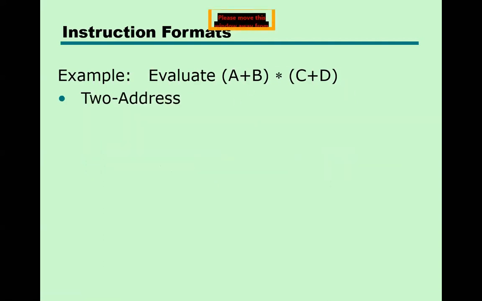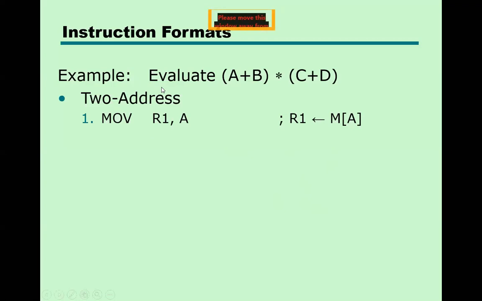Suppose, instead of 3 addresses, there are only 2 addresses. How can we evaluate this equation? So 2 addresses are there. Temporarily we have to store our value into a temporary location, and then we transfer our result into the required register.